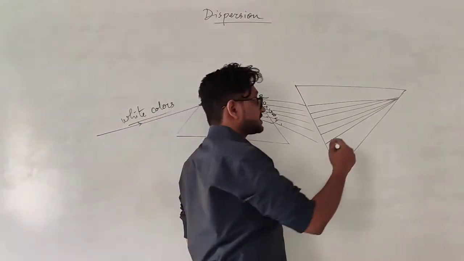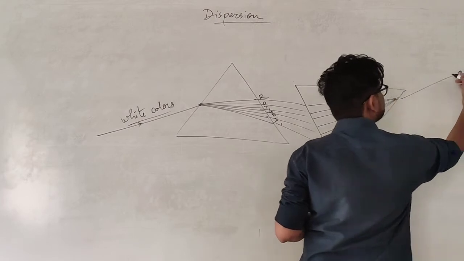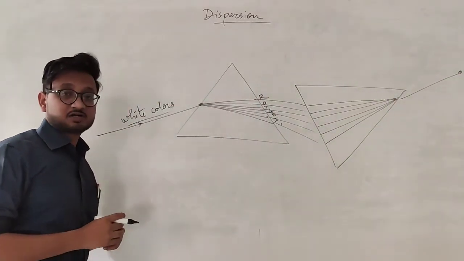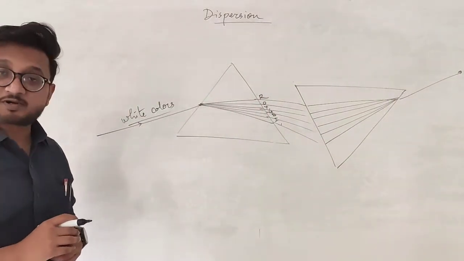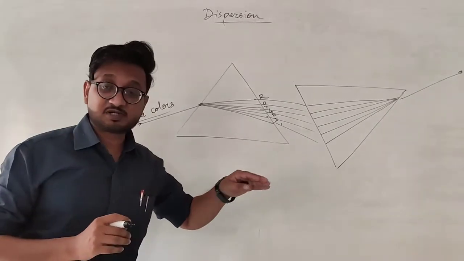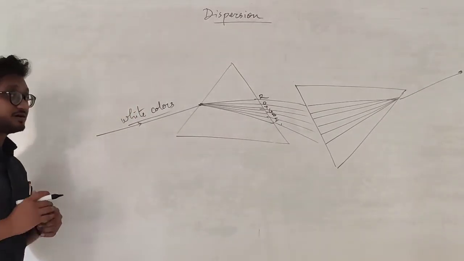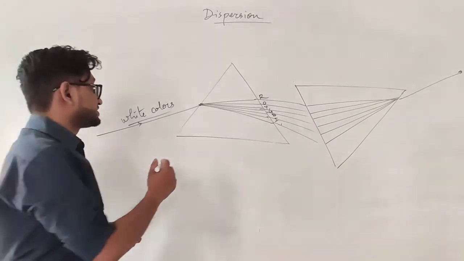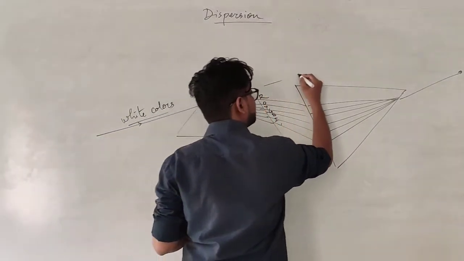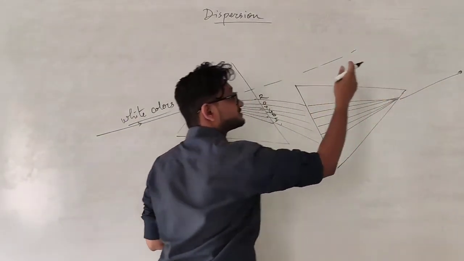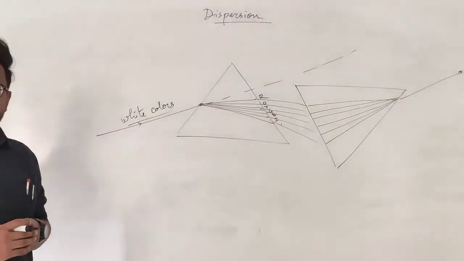On the other side of this prism, one single beam of white light emerged. This means that when you see this light, you will see that this particular light and this white light are both parallel to each other.